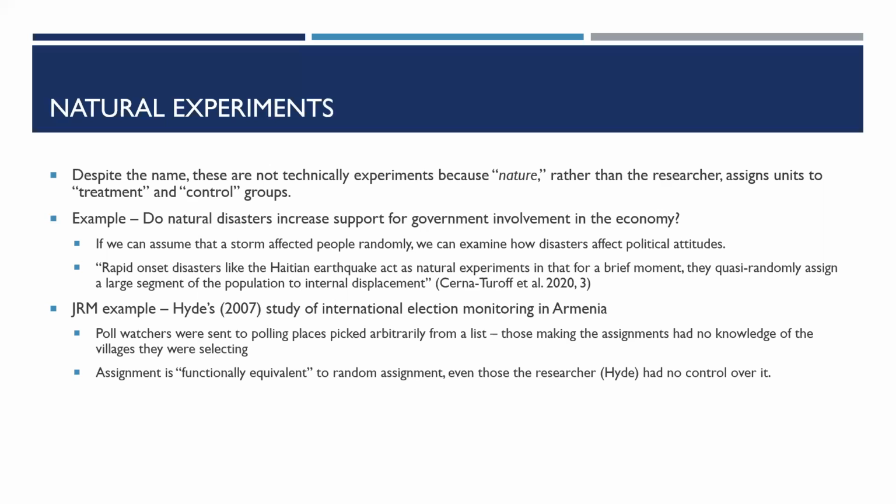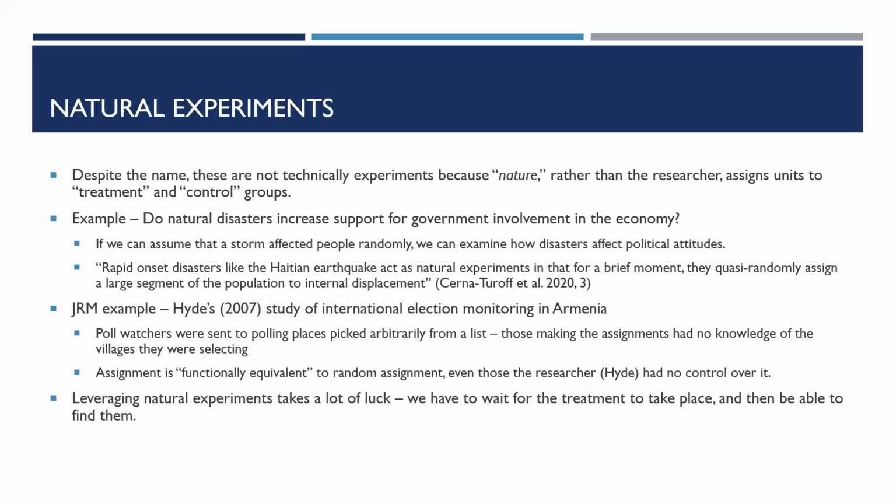So we had a whole list of all the polling places in the country. People were arbitrarily assigned to go monitor them. The people making the assignments had no knowledge of the villages they were selecting. People working at the polls in these villages had no knowledge of whether or not a poll worker was going to show up until they actually did. So we can think of this assignment as functionally equivalent to random assignment, even though the researcher herself had no control over it. She was looking at this after the fact.